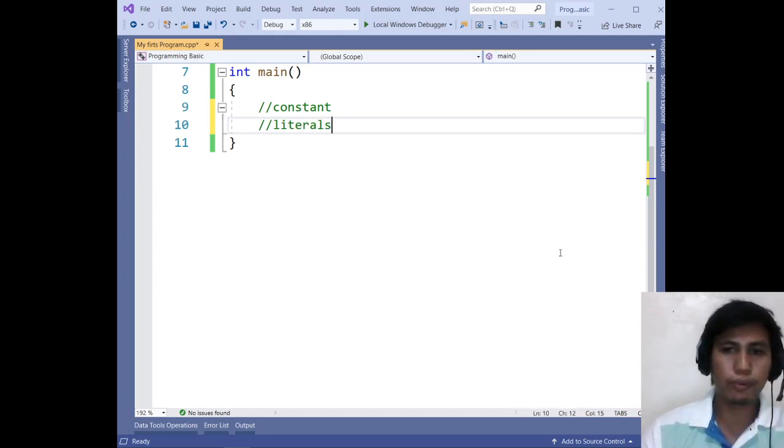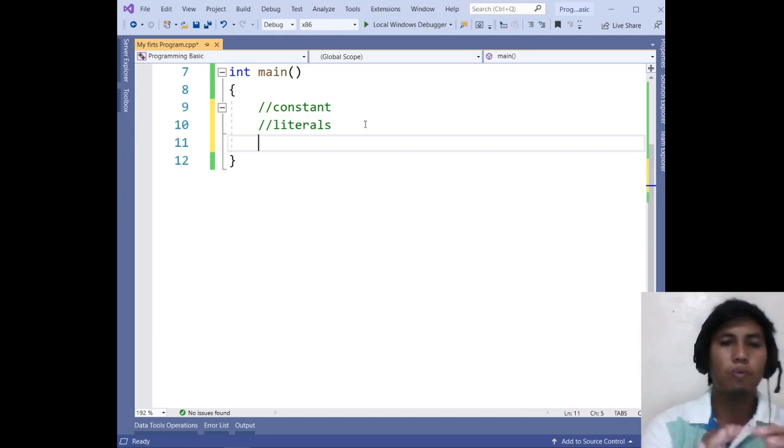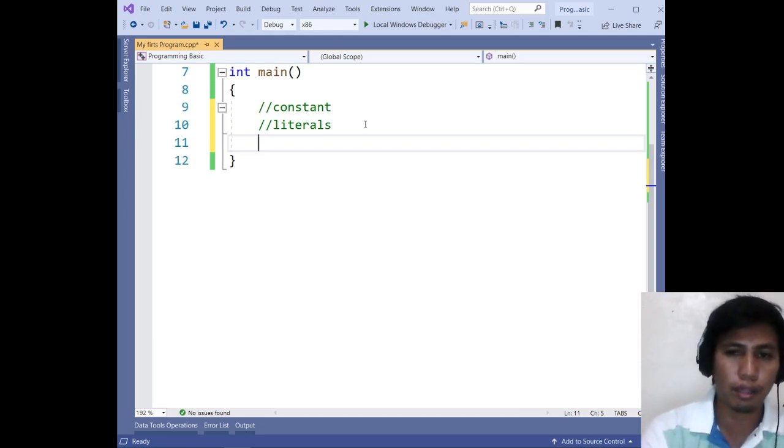So we have string literals, integers. So those are types of literals. So there are two ways on how to declare a constant.